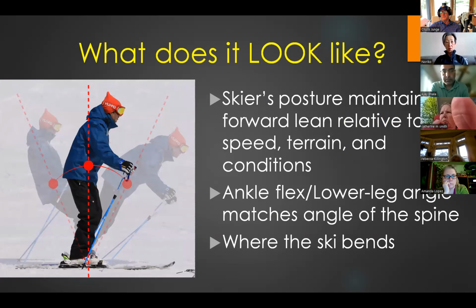And bending is a relative term, right? Sometimes we don't see where the ski bends. We just kind of take a good guess based on what we see the body doing, because the body is the cause and the skis are the effect. So, all right. Questions here?